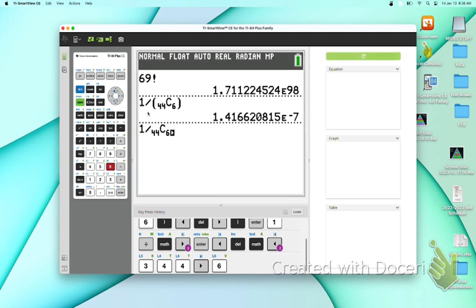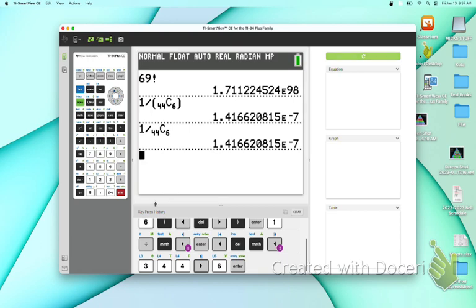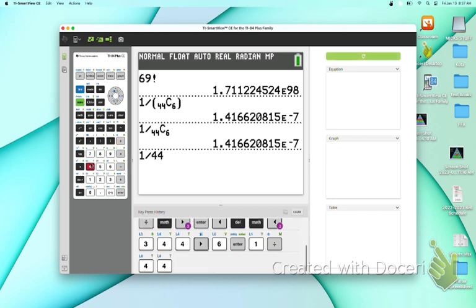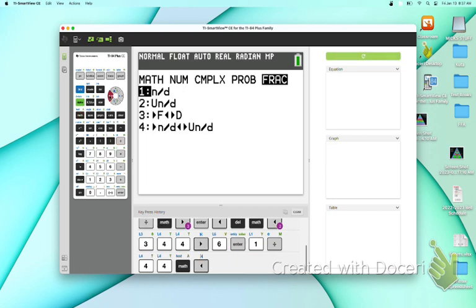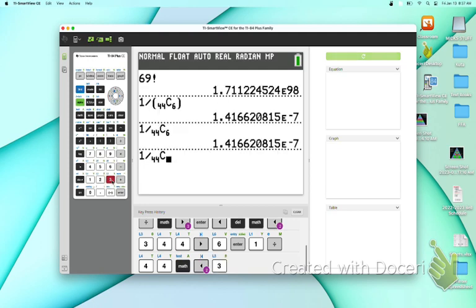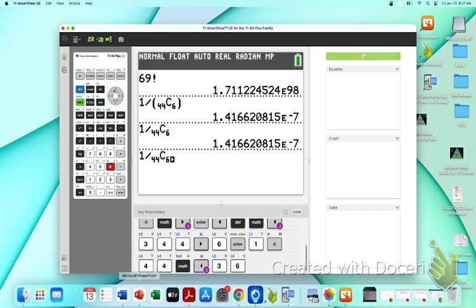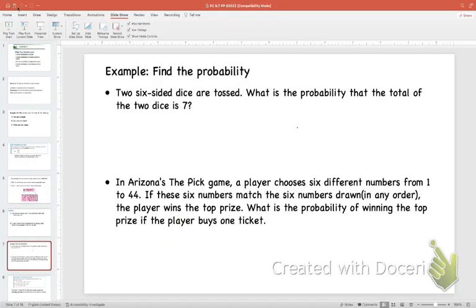On the older ones, you have to put 1 divided by, and then you put 44, and then you go math, probability, 3, and then push in your 6. Okay. Did you get it to work?